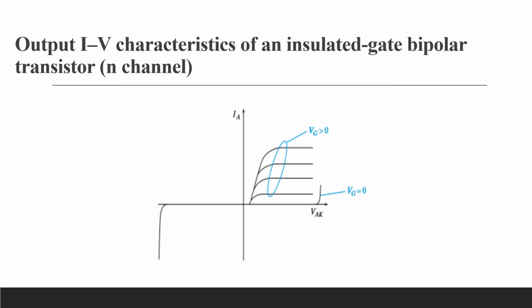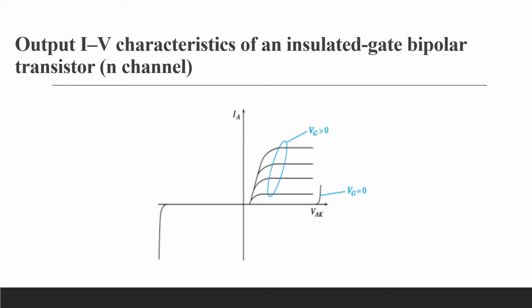When gate bias is applied to the DMOS gate, for positive anode cathode voltage, we will see that there is significant current flow. The characteristics look like a MOSFET with one difference.